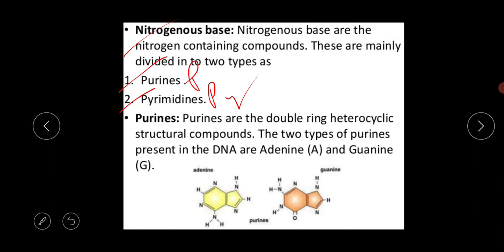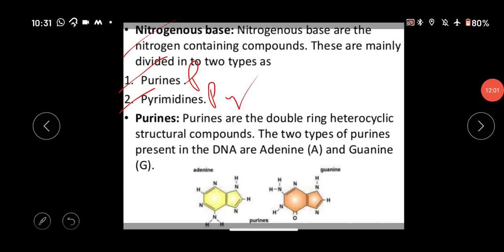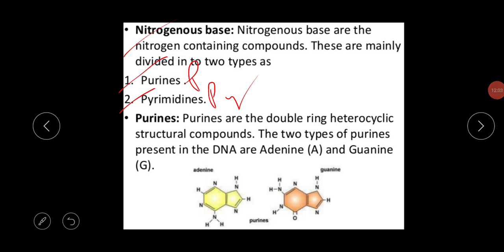These nitrogenous bases are nitrogen-containing compounds, mainly divided into 2 types, the purine and the pyrimidine.